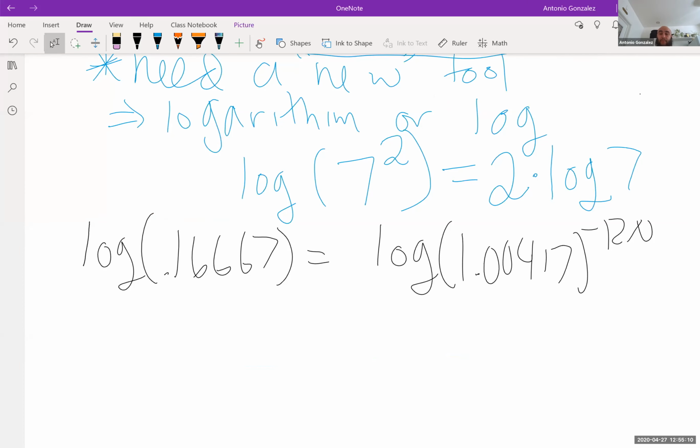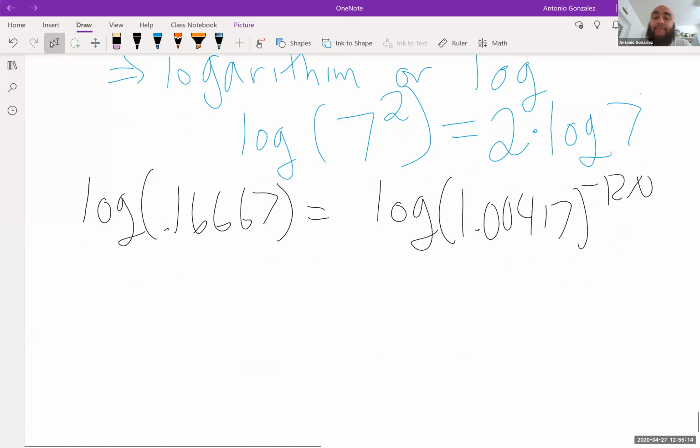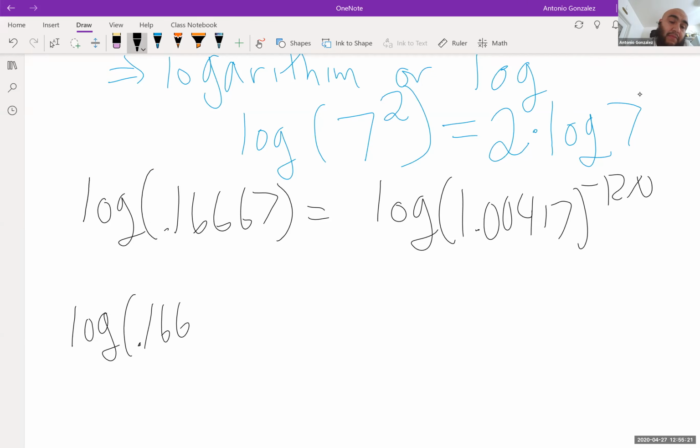Okay, so now let's use this useful property of the logarithms. I'm going to rewrite my equation, and I'm going to use this property displayed up here. Whatever the exponent is, I'm going to rewrite it as a coefficient.